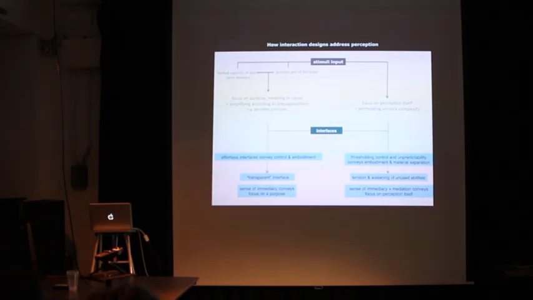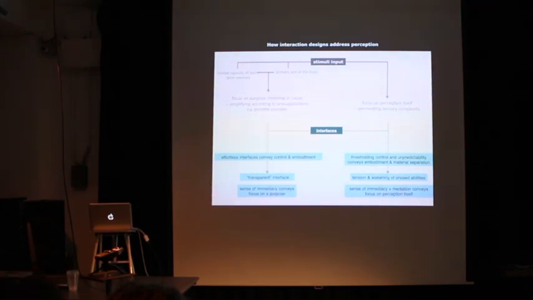But at the same time, when we focus on perception itself, we can also perceive much more complexity, right? So interfaces can be designed to convey one or the other mode of perception. For example, with a word processor or video games often, you want the interface to become transparent so that we can focus on the purpose, right?